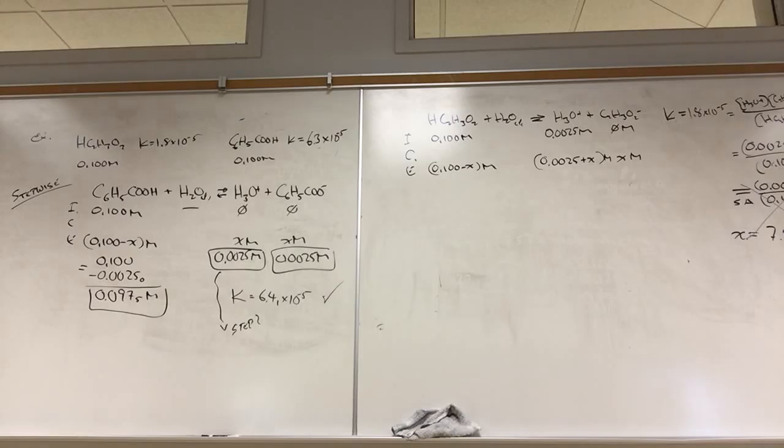Then I'm going to add this and subtract this from both sides. So I'm going to get x squared plus 0.0025 plus 1.8 times 10 to the minus 5, x minus 1.8 times 10 to the minus 6 equal to 0.